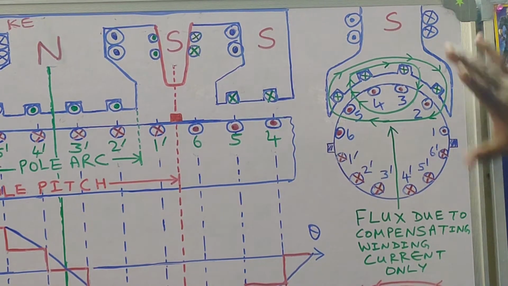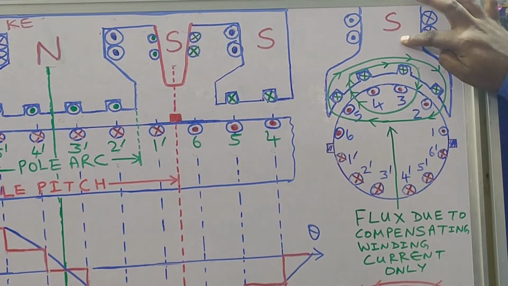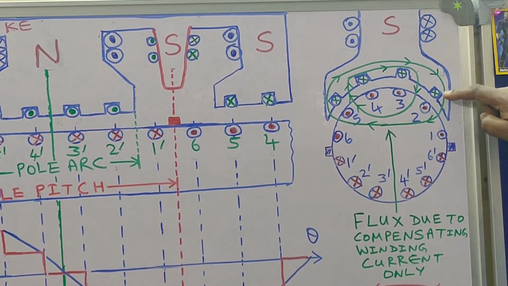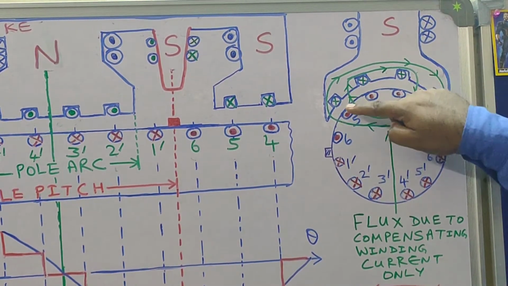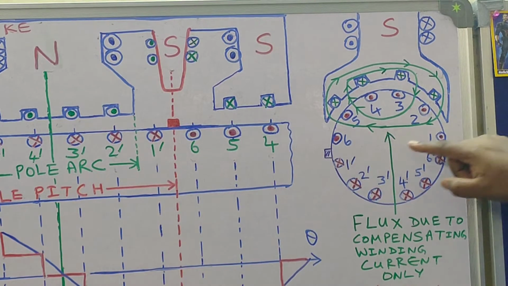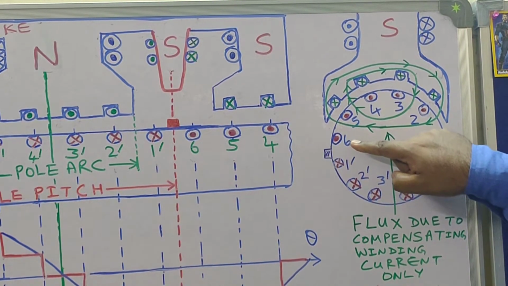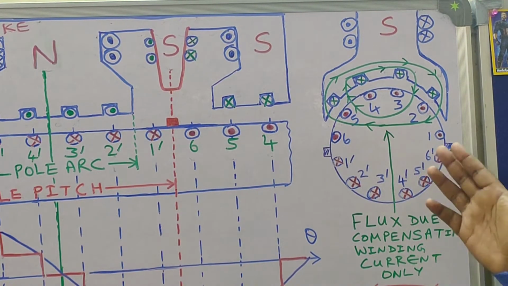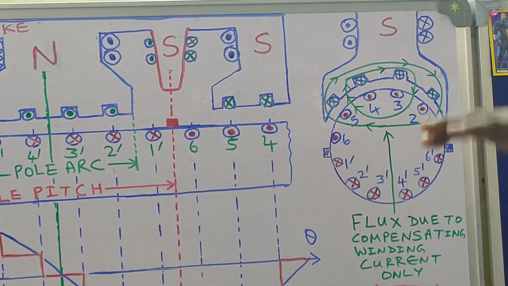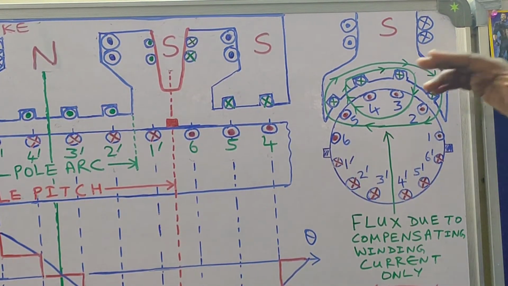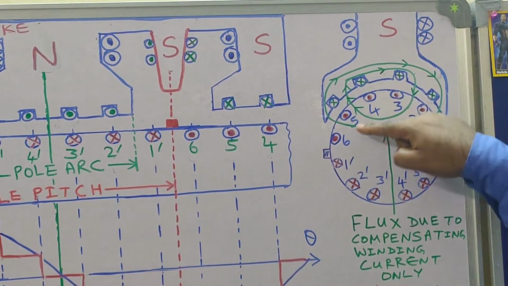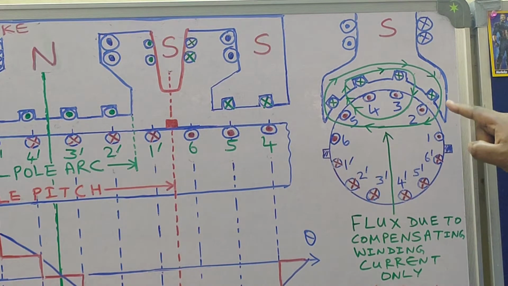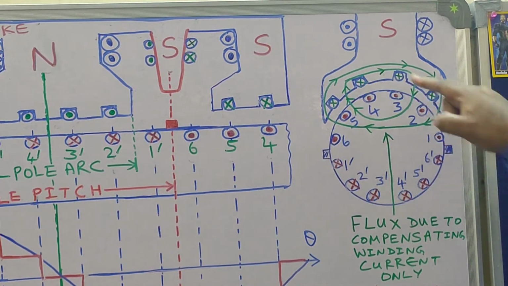You see, for example, look at this particular south pole. Under the south pole, the compensating windings are shown to carry cross current. On the other hand, the armature conductors are shown to carry dot current. So how do we put that the armature conductors will have dot current and the compensating winding will have cross current?